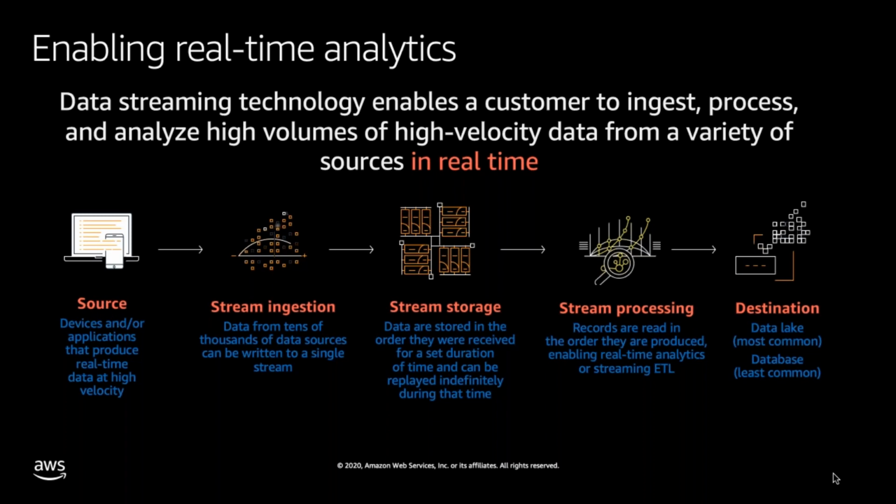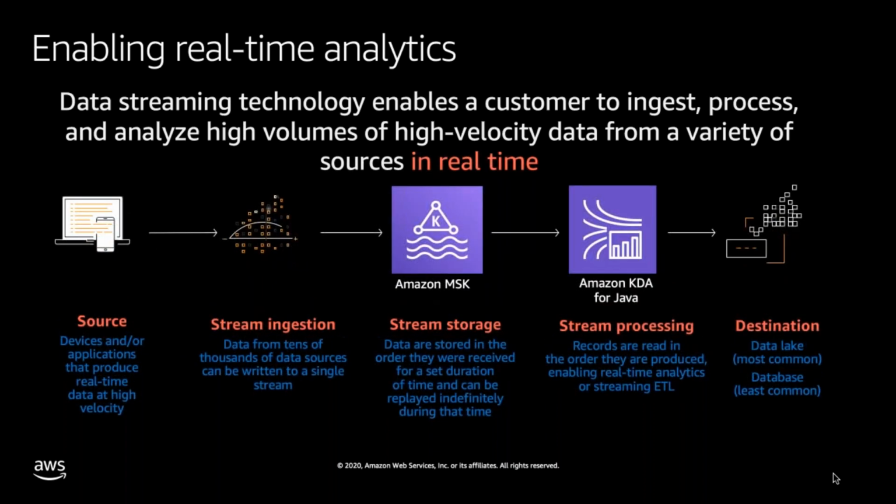So when we take these building blocks, which are conceptual, and materialize them into what AWS has to offer, in this slide, for both the storage and the stream processing, I've replaced those blocks with 2 concrete building blocks that we offer. The first one, in the stream storage space, is Amazon MSK, which is a service around Apache Kafka.